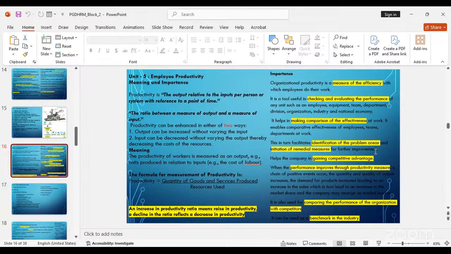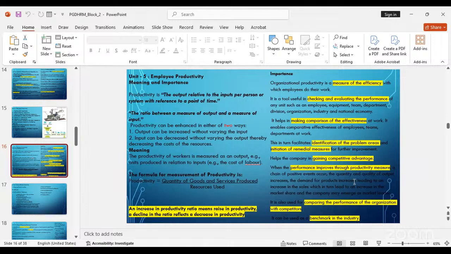This will help the organization to gain competitive advantage over the competitors within the market. When the performance improves through productivity measures, a chain of positive culture, positive environment will be created. All the events go positive. The quantity and quality of output will increase. Demand for the products will increase in the market.